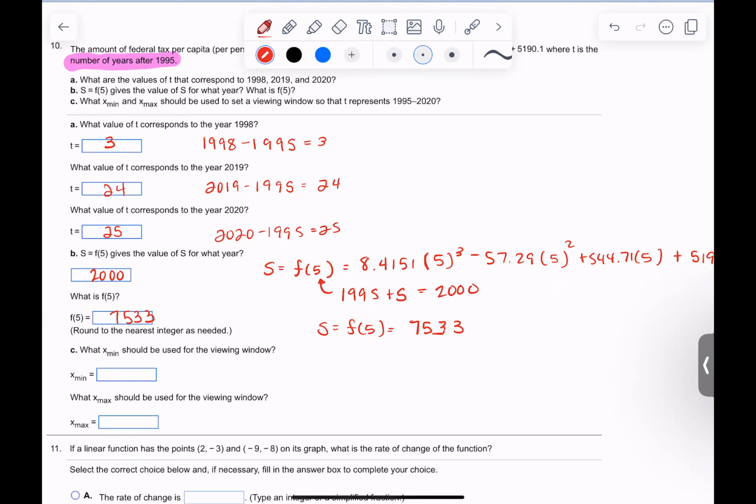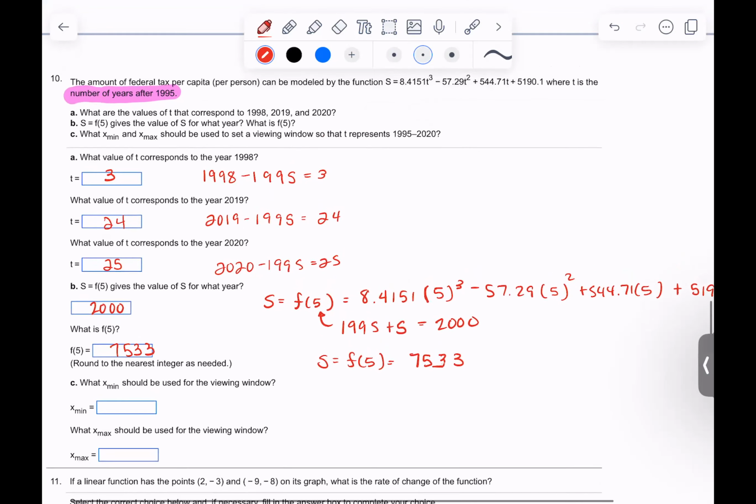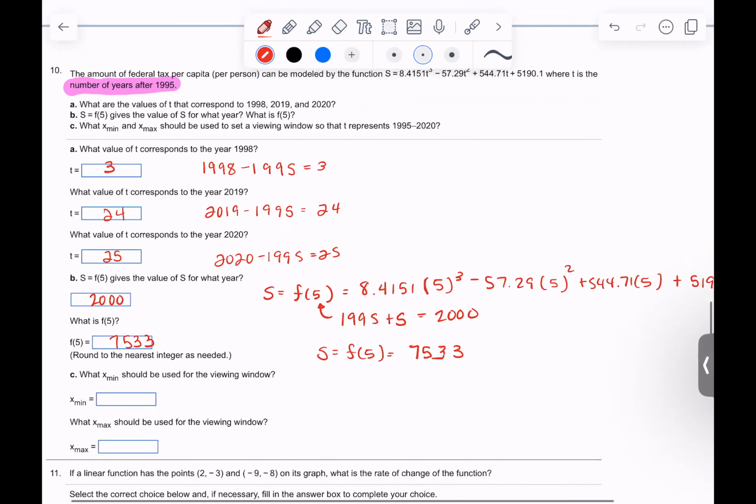All right. So now what do we want to find? What X-min should be used for the viewing window if we're going to graph this, and what X-max should be used? And I don't have to graph this to figure out what the viewing window is. If we're talking about X values, we're looking at after 1995.